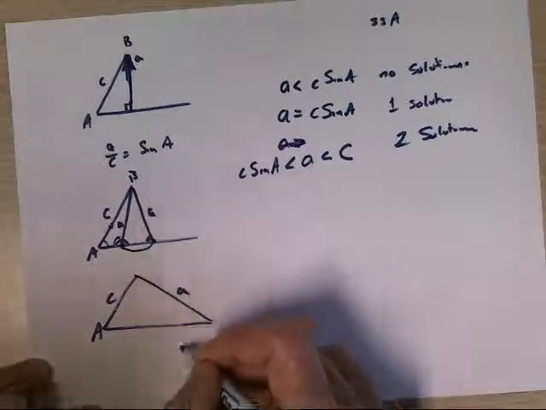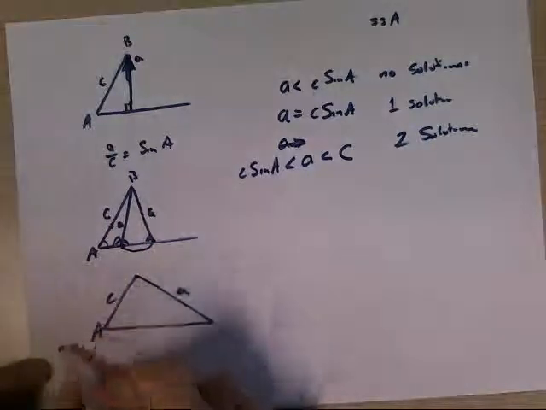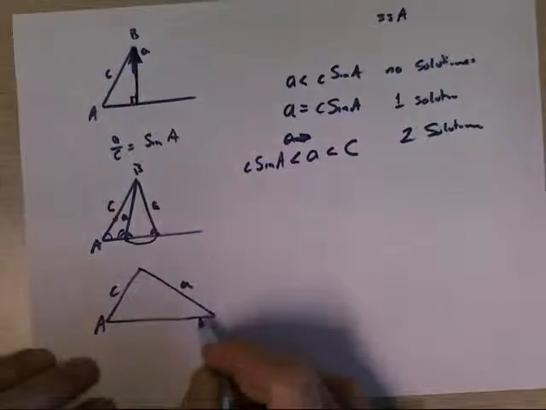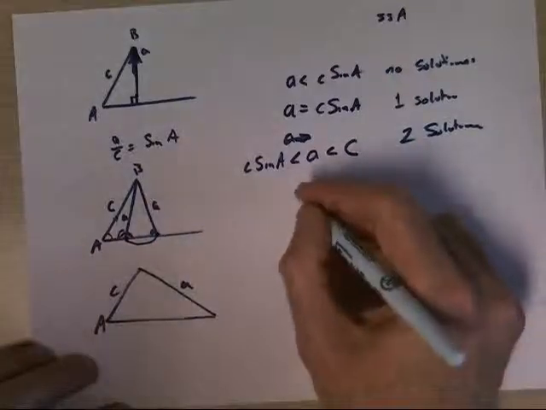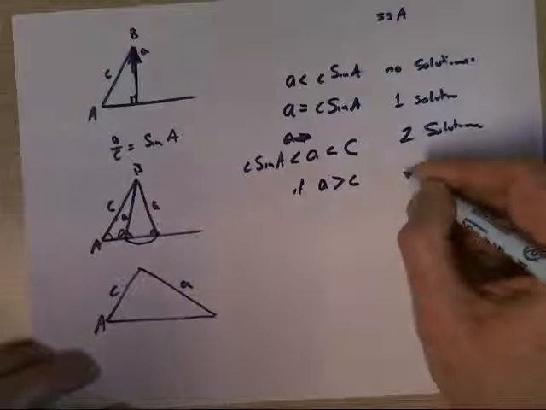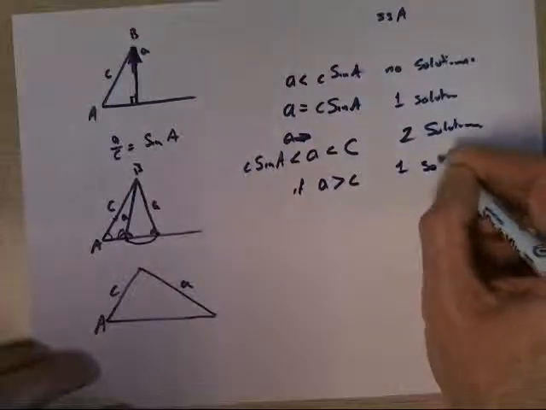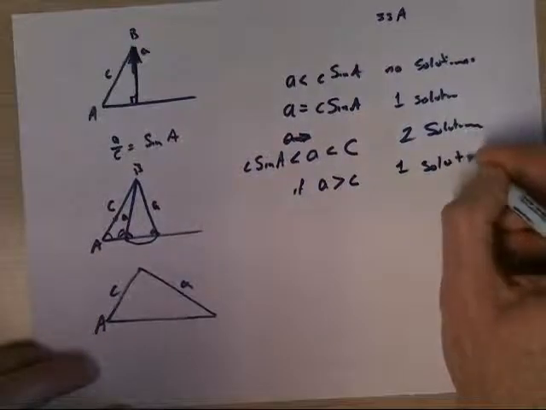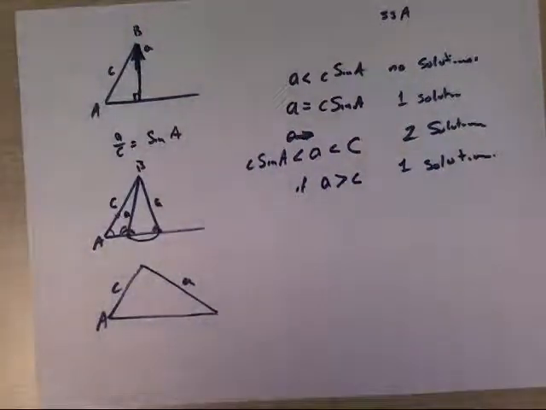The next time it would hit would be clear over there, and I'm not using that angle anymore. So then there's only one solution. If a is greater than c, then I'm back to only one solution. And in the previous video I made sure that was the case, so I knew that I had only one solution.